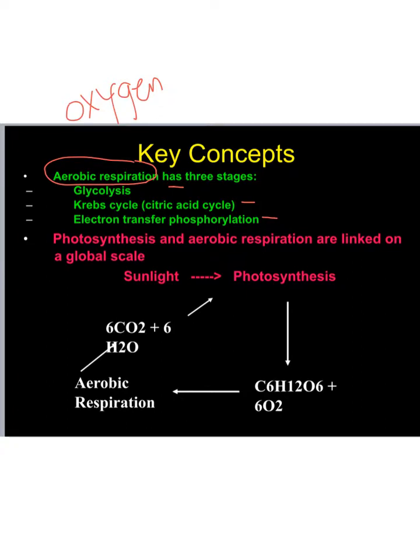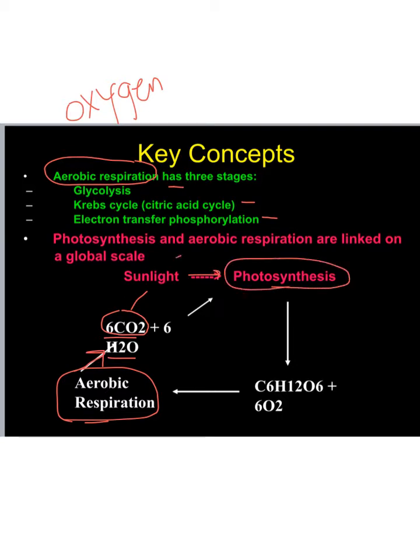As I said, photosynthesis, which is chapter 10, and aerobic respiration are linked on this global scale. When we think about the way that they work, 2 of the byproducts of aerobic respiration are carbon dioxide and water. So when we carry out aerobic respiration, we give off carbon dioxide and water. Plants then use our carbon dioxide along with sunlight to carry out photosynthesis.